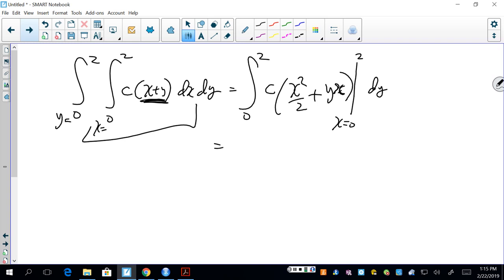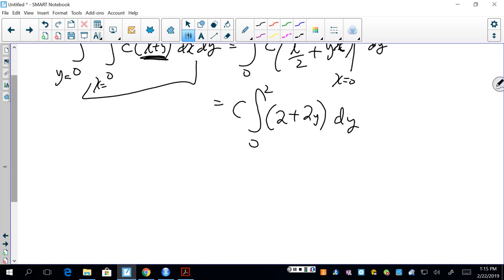We're going to finish this one, pulling C out. When x is 2, that's 4, so there's 2 plus 2 times y. When x is 0, both of those things go away.